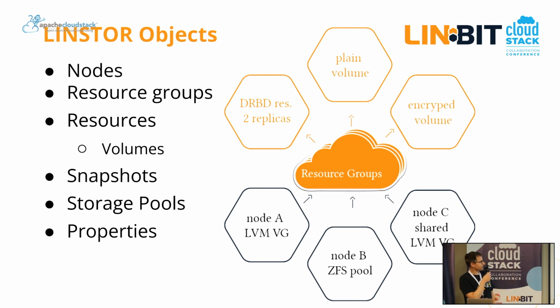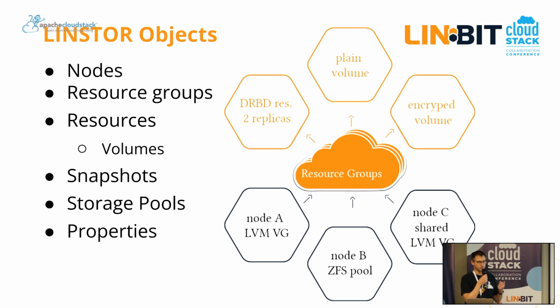Then you have resources with volumes. The volumes would be your actual block storage, which you give to KVM. That's in the end a DRBD device, one for each volume you have. Then snapshots, which of course represent snapshots of resources and volumes. Then we have storage pools, which define what kind of storage you're utilizing.